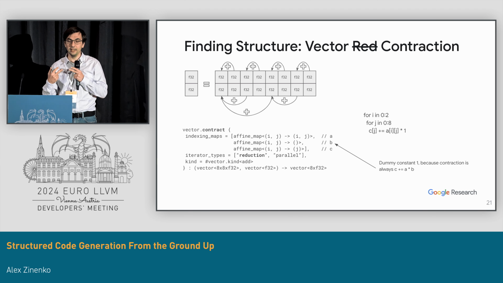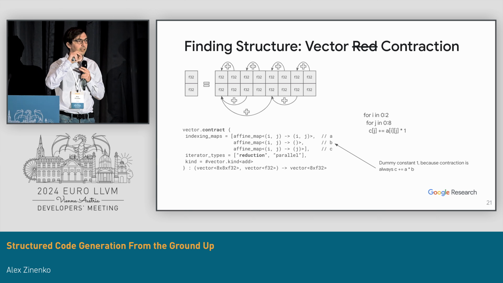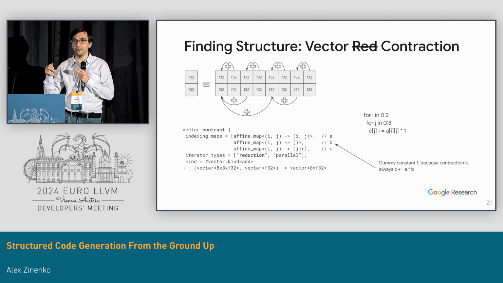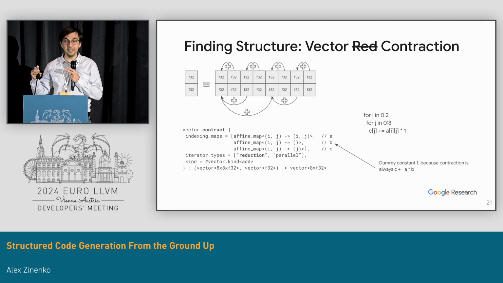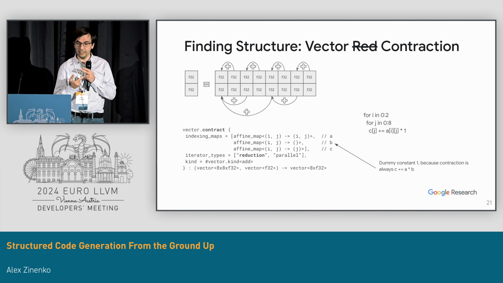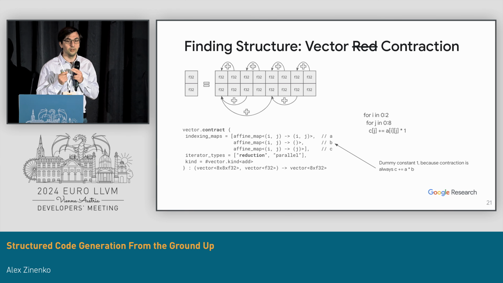So instead of saying we are broadcasting along the dimension i, we are saying dimension i will disappear. It was present in the input, it will disappear in the result. It means we need to reduce it. And at some point, we also need to say how we combine these values. So we need to say that my reduction kind here on the slide is an add.